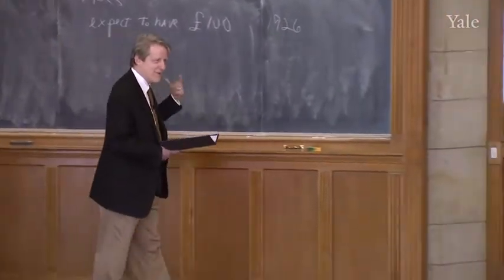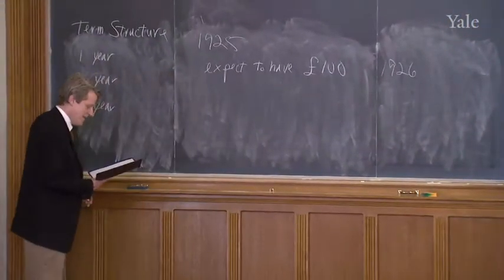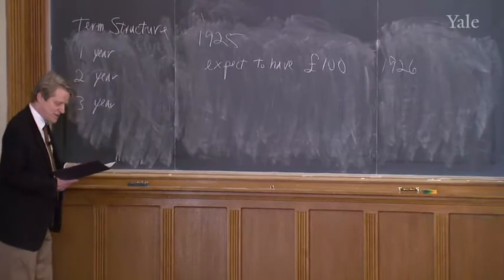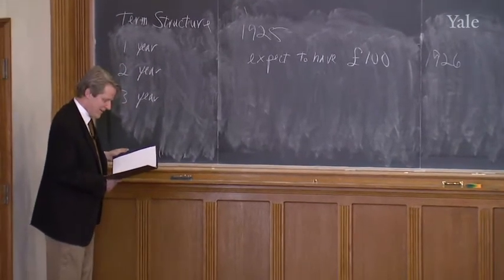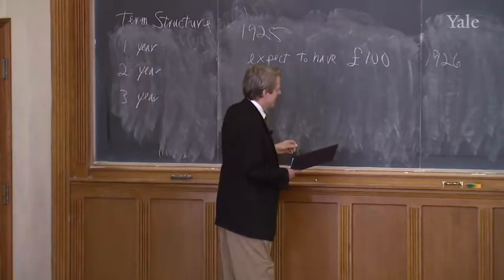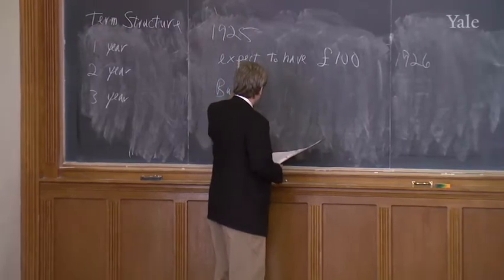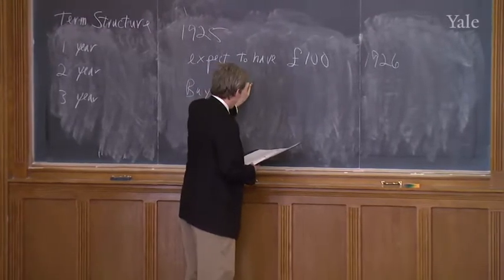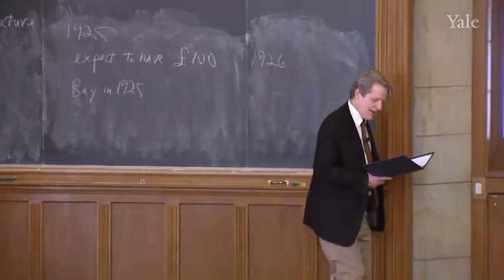Once I have all of these bonds available, and if I can both go long and short them, then I can lock it in. So here's what I want to do. This is what they were discussing at coffee hour. Buy in 1925 2-year bonds in an amount.